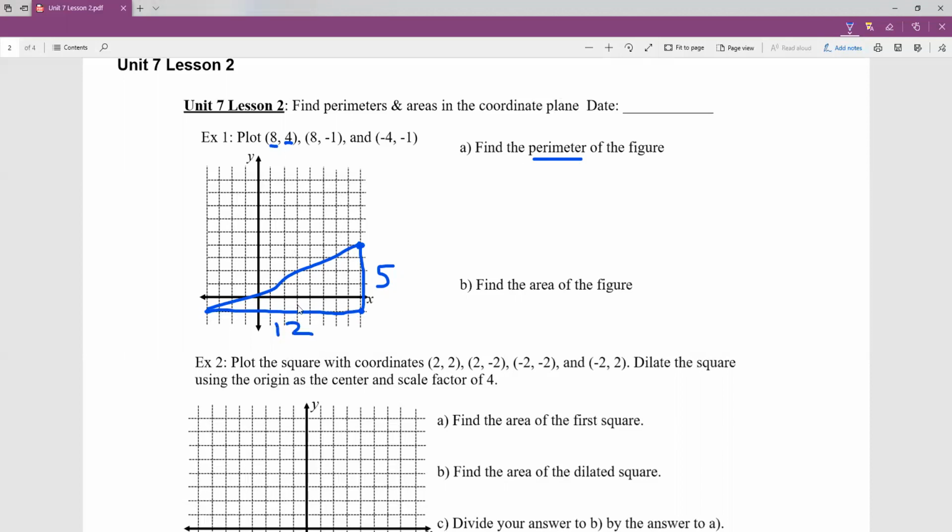All right. So we got 5 and 12, but we need to find this missing side. If you know your Pythagorean triples, you could figure that out really easily. But let's assume we don't, and the way we're going to do that is with the Pythagorean theorem.